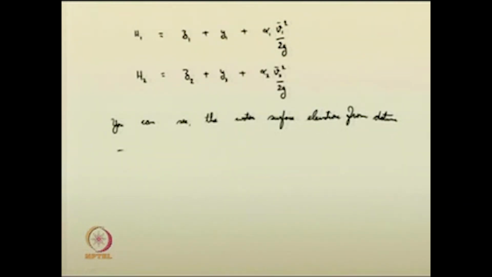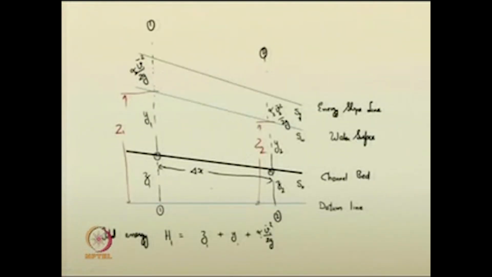So, your Z1 is nothing but small z1 plus y1. Similarly, Z2 is nothing but small z2 plus y2. From the following figure, can you guess certain quantities?